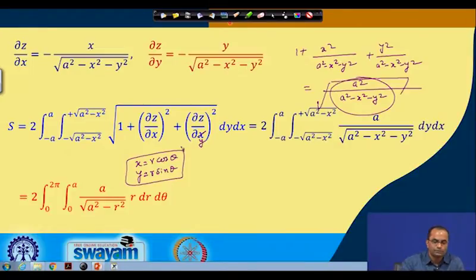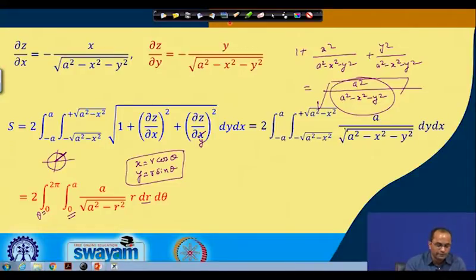So, with this substitution now, we also have to find the limits. In case of the circle it is trivial to get. So, for theta we have 0 to 2 pi, because this is our circle here. So, theta moves from 0 to 2 pi, and for r we will have 0 to a. So, r will move from 0 to the circle, so that means 0 to a.